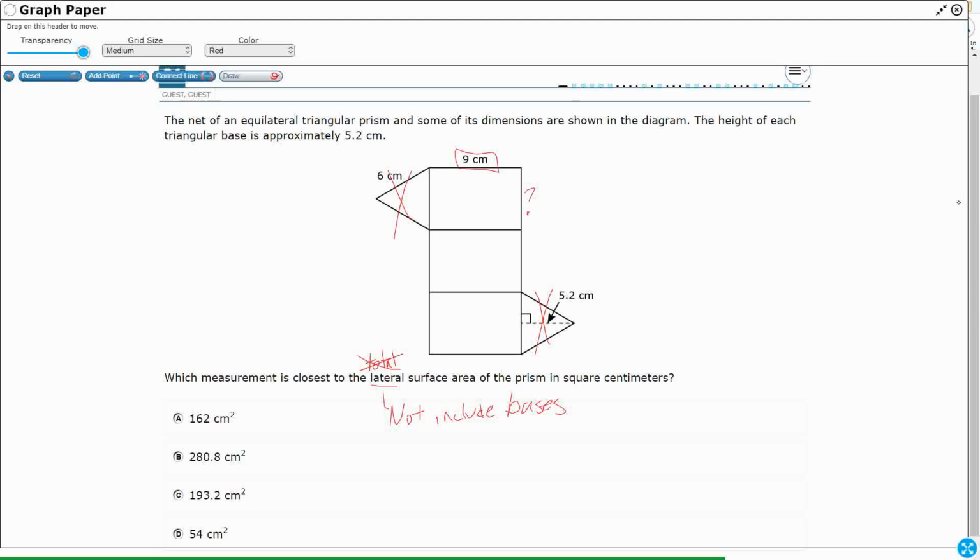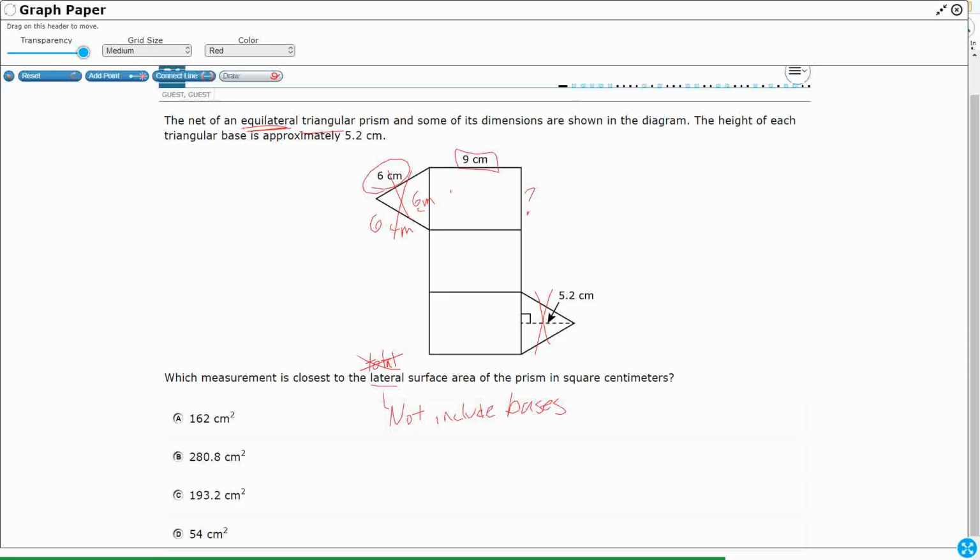If we have this length of 9, what is that width? Well, remember, it's an equilateral triangular prism. If it's an equilateral triangular prism, that means the bases are going to be equilateral triangles. So if this is 6 centimeters, this is 6 centimeters, and then the base that we're looking for, which is also going to serve as our width here, it's also 6 centimeters.